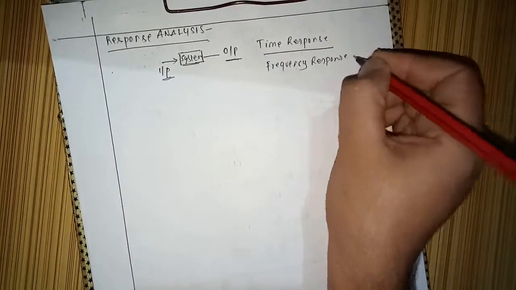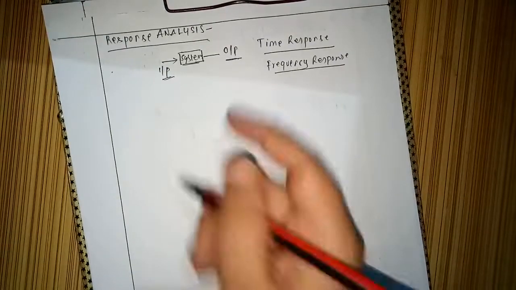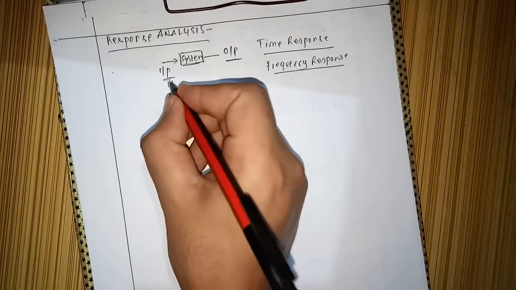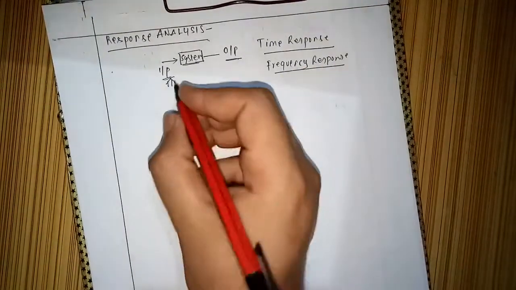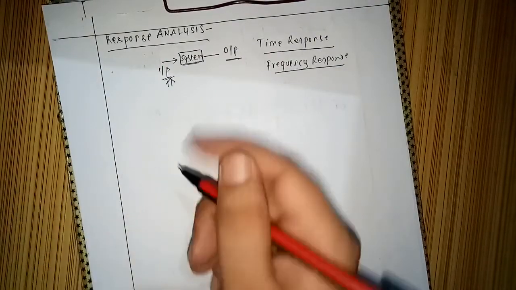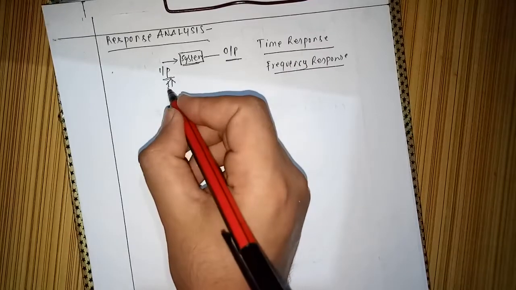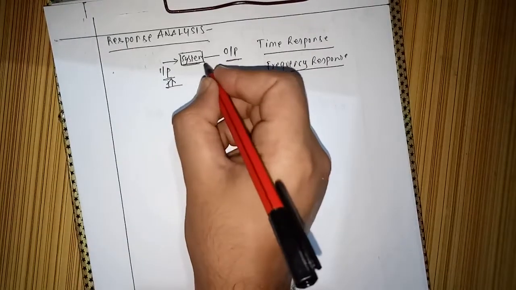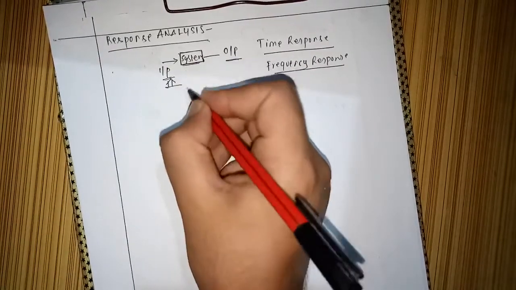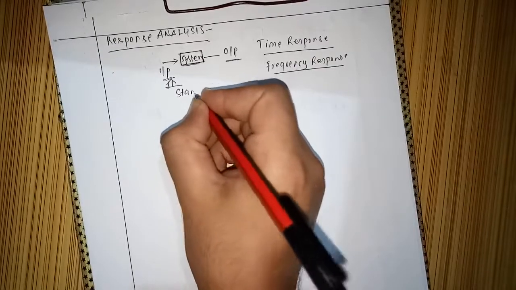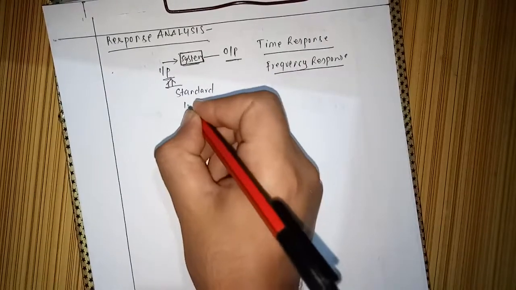So first of all, let's see. Input can be of any random nature. In general we deal with random kinds of input, but to test a system we generally take standard inputs. Why standard inputs?